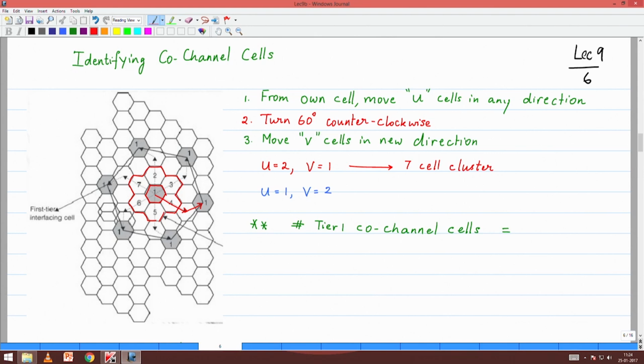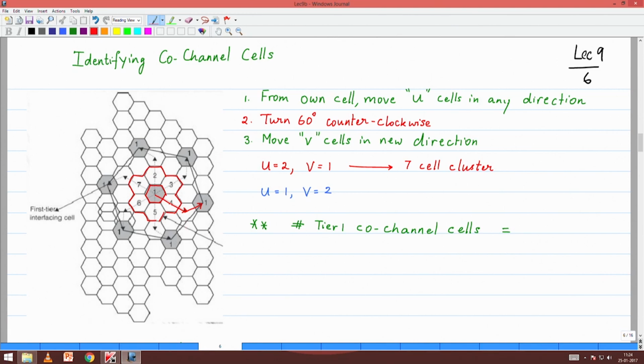For example, let us take the translation u equal to 2, v equal to 1. So, from the center point along any of the sides of the hexagon, I have chosen to move along this particular direction, move to two centers.